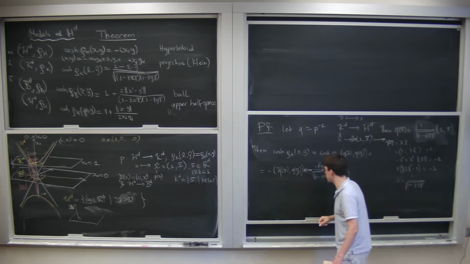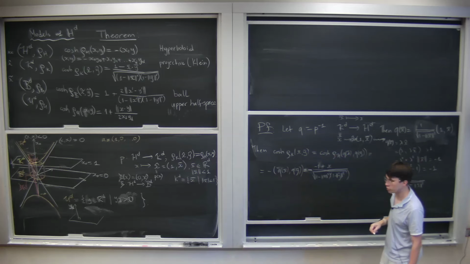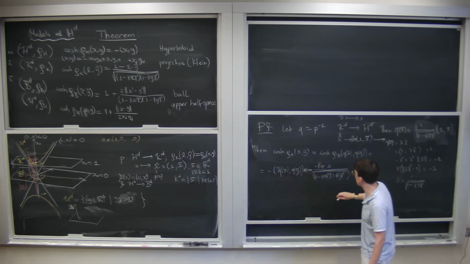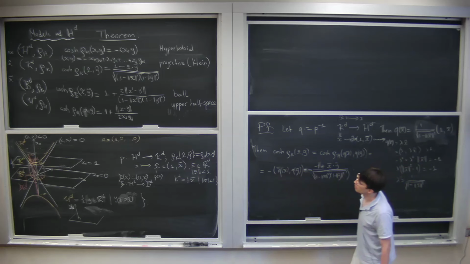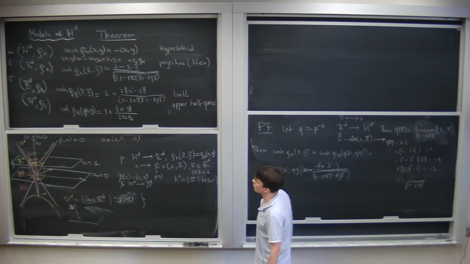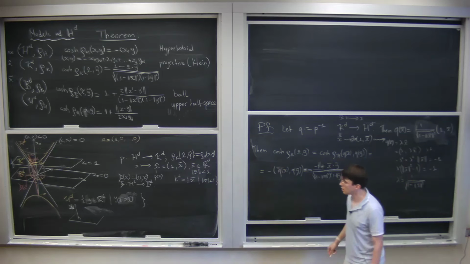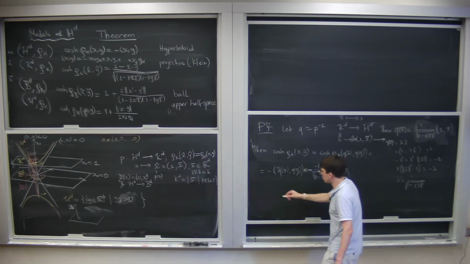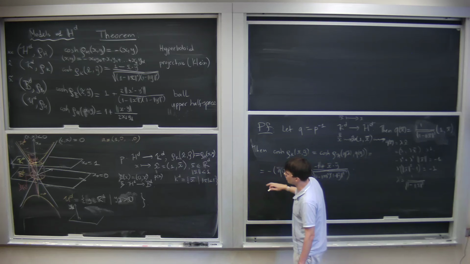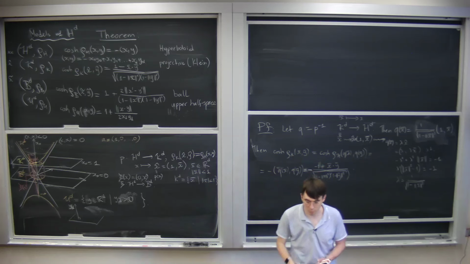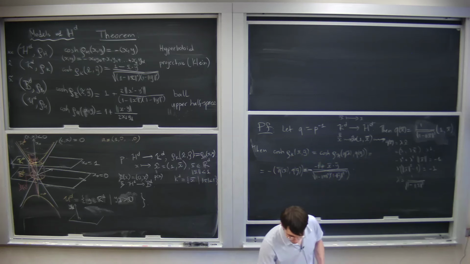So I have 1 minus just before the entire fraction, and on the other hand, the scalar product is minus 1 plus x bar y bar. And this proves the formula for the hyperbolic cosine of rho k. Okay, so for the metric in the Klein model, it's done.